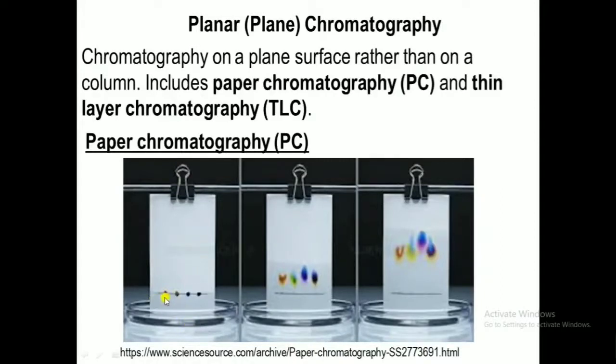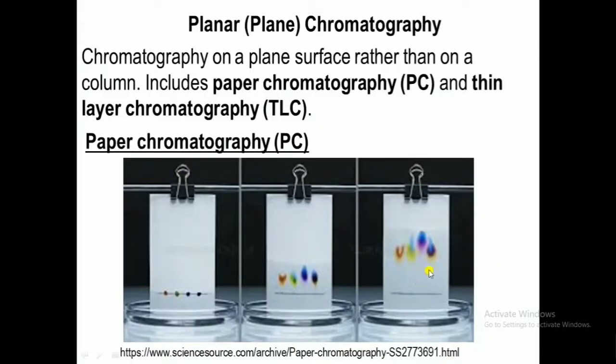And here you can see a line where we keep our mixture. When the mobile phase goes up due to capillary action, that mobile phase will carry these compounds in the upward direction. For example, here we can see that the components are moving upward.